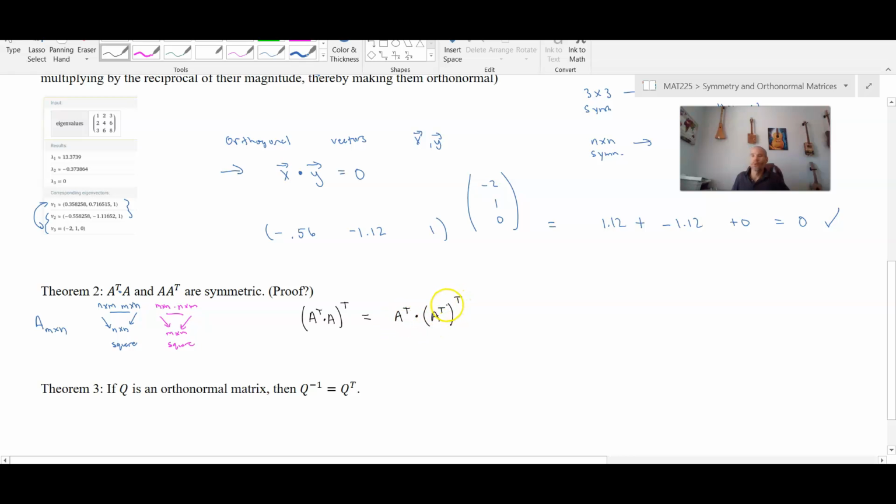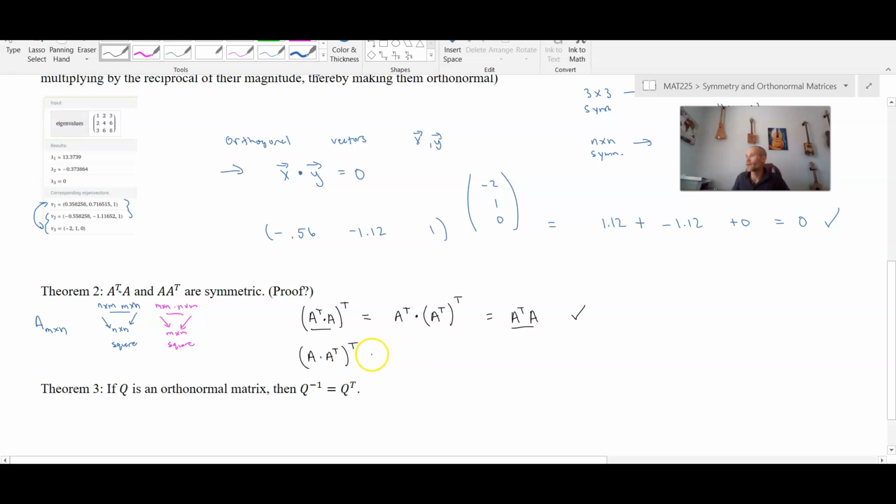If you change the columns to rows and then change them again, you end up with exactly A. If you transpose a matrix twice, you get what you started with. And this gives me A transpose A, which is exactly the same matrix I started with before I transposed it.